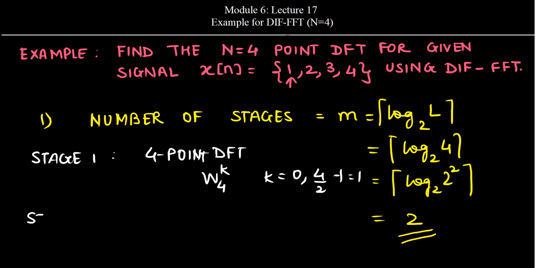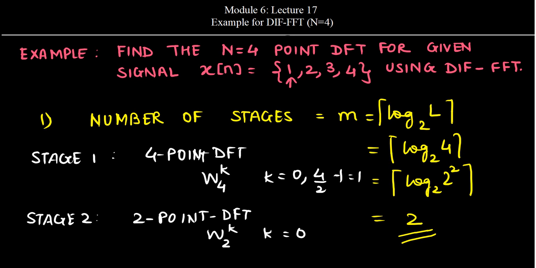And the stage 2 would be 2-point DFT, and for that we would be having it like this, where this k would be from 0 to 0. So this we can consider because we know that the structure of this DIF FFT is entirely flipped version of DIT FFT. From that we can just consider it like this.